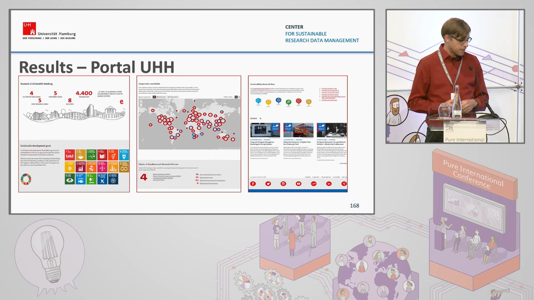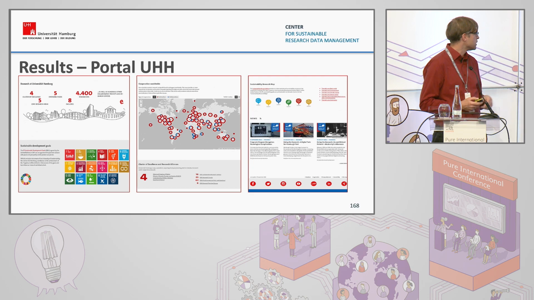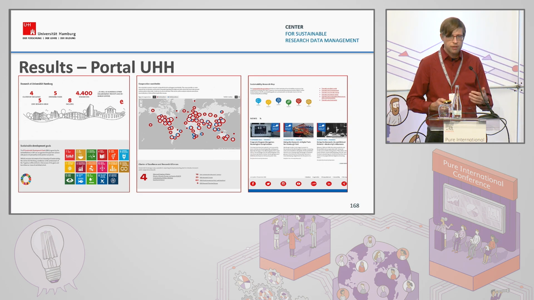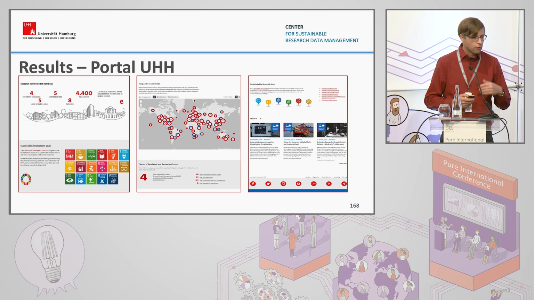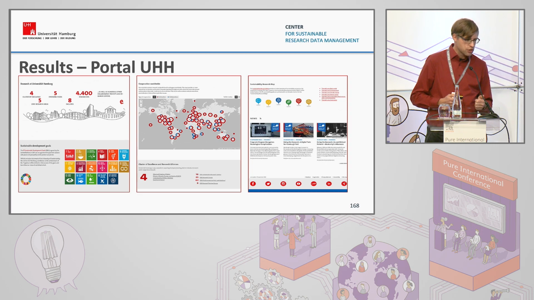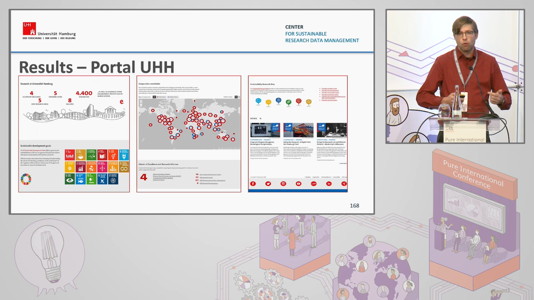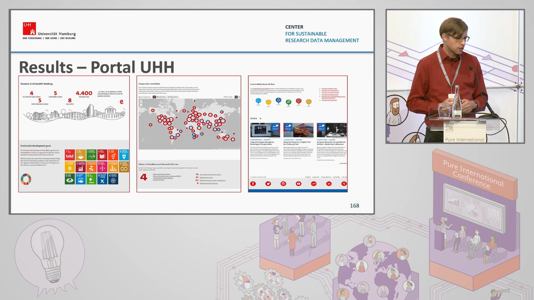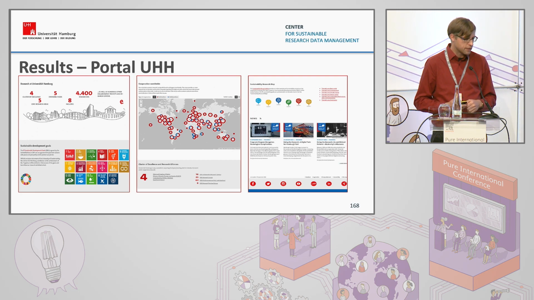Funny. You can see it on the left-hand side down. We also show some sustainable development goals, so the user can figure out how the university contributes to the SDGs. For now, it's just for the publications and the projects, but we hope that we can increase the content also for the other content types.